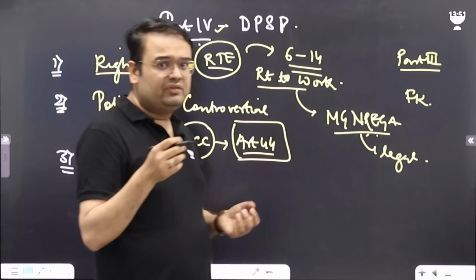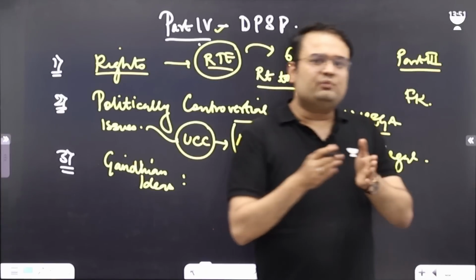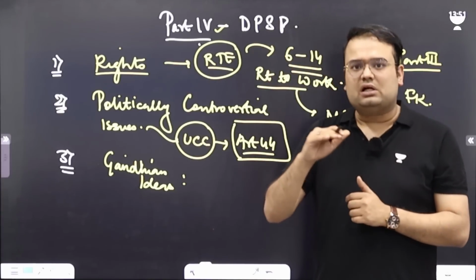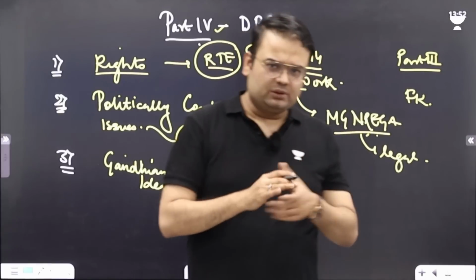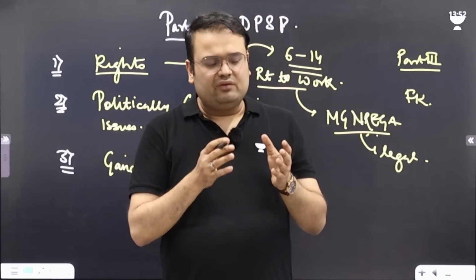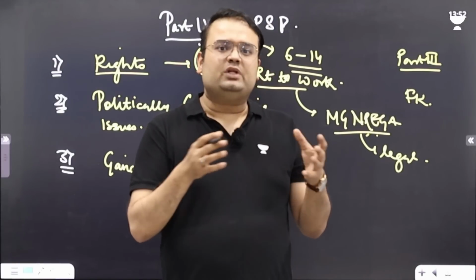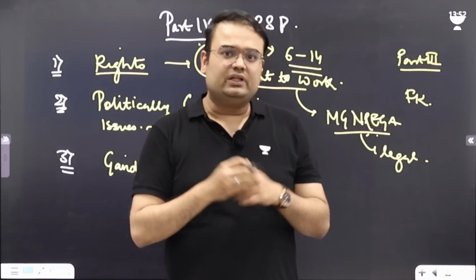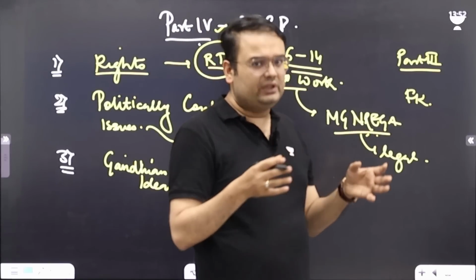Another Gandhian idea, which was a bit controversial at that time, was that Gandhiji believed there should be a ban on cow slaughter, a ban on killing of milch animals. What was the logic of Gandhiji? He believed that a living cow can feed so many people for so many days, while a dead cow will feed few people for only a few days.